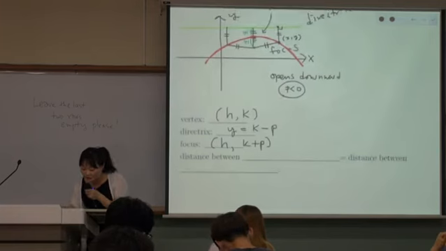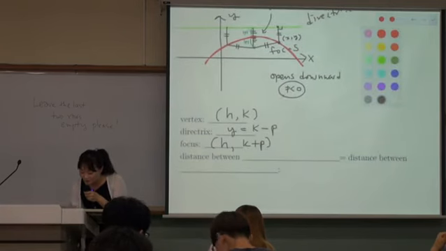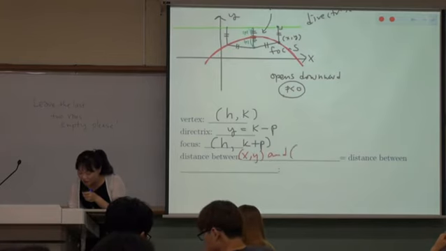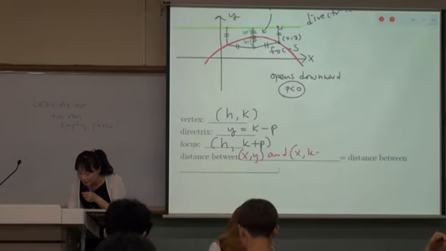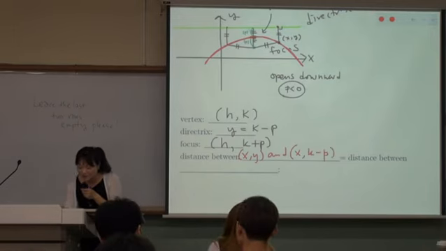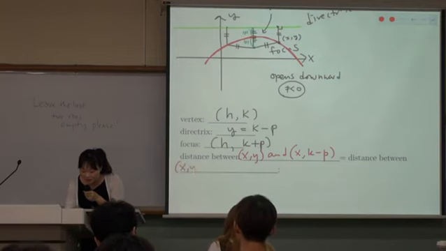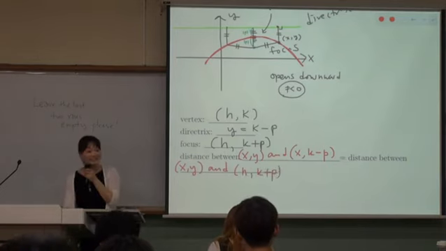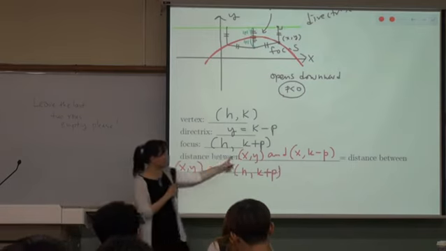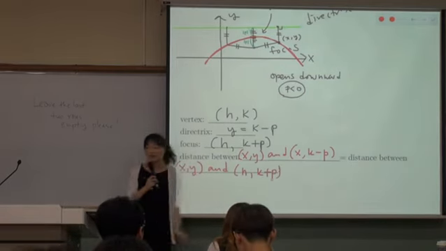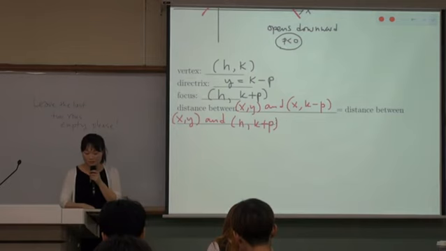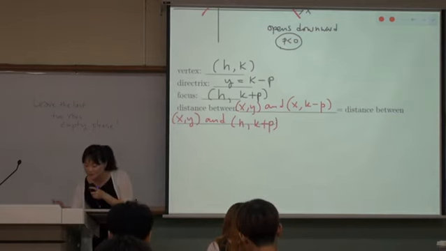The distance between (x, y) and the point on the directrix (x, k minus p) is equal to the distance between (x, y) and the focus. Focus is (h, k plus p). Does that make sense? Point to directrix, point to focus. Okay, so let's solve this for x and y.